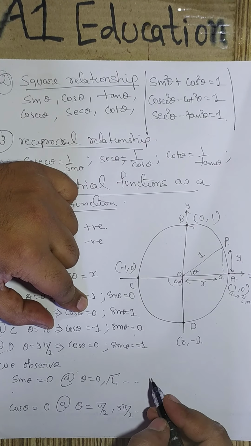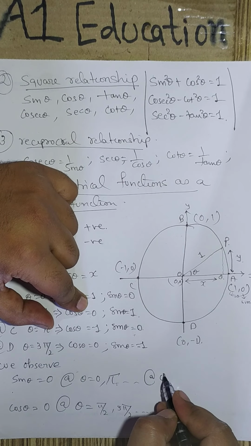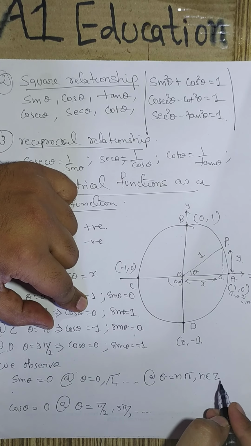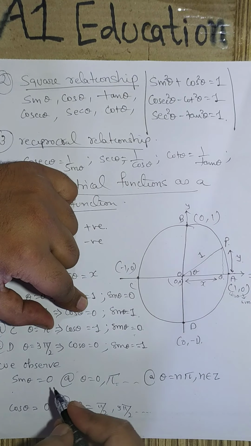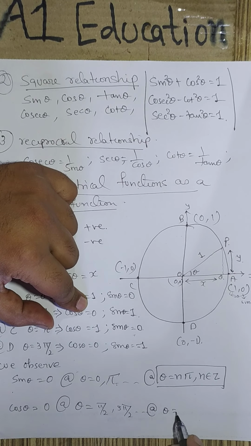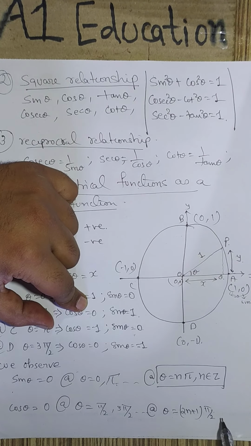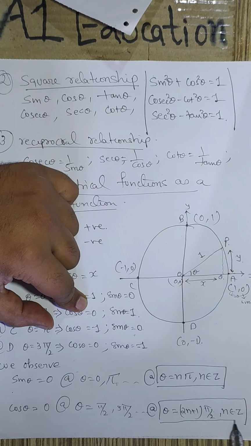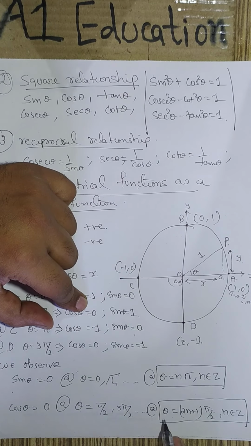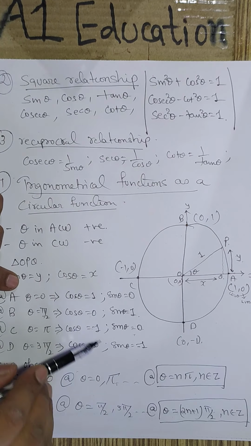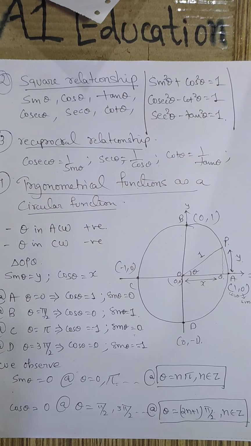So ultimately we conclude that at theta equal to an integral multiple of pi, where n belongs to the integers, sine theta is always 0. And at theta equal to an odd multiple of pi by 2, that is (2n plus 1) pi by 2, where n belongs to the integers, cos theta is always 0. Similar generalized results can be found for the value of 1. You should try that. We will discuss it in the later part of the chapter.